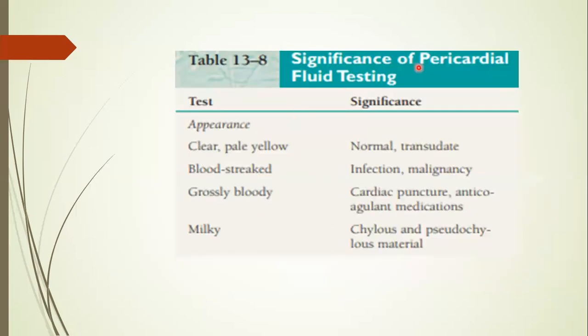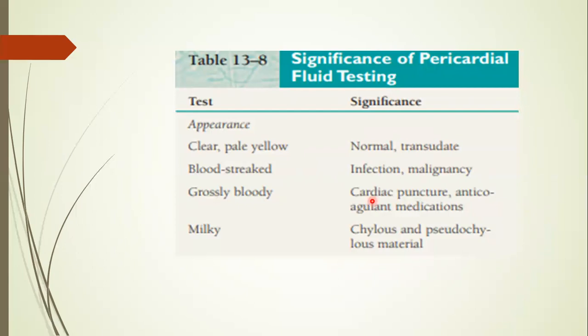So when the fluid is collected from the pericardial cavity, these are the conditions associated with an abnormal looking pericardial fluid, such that a grossly bloody specimen would mean trauma. Remember, I told you, you must be careful because you don't want to hit any vein or any organ.